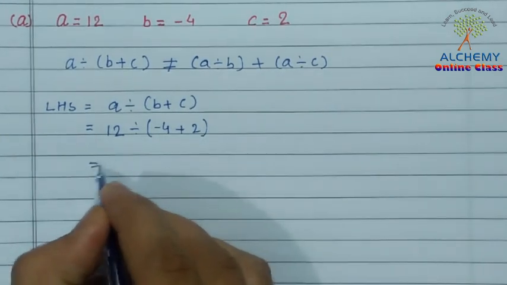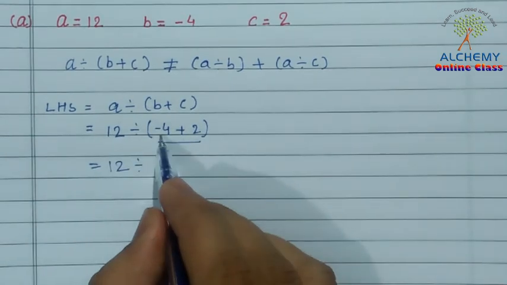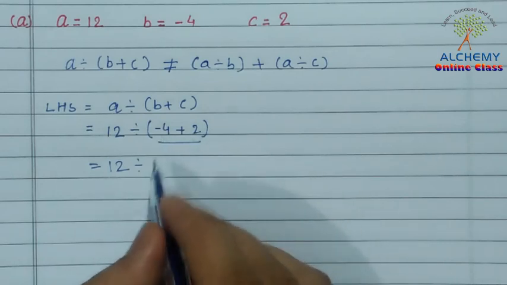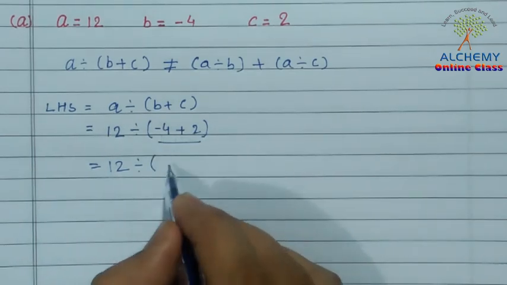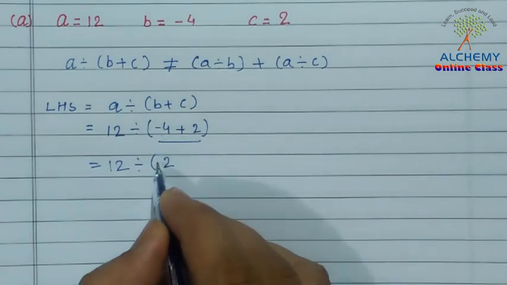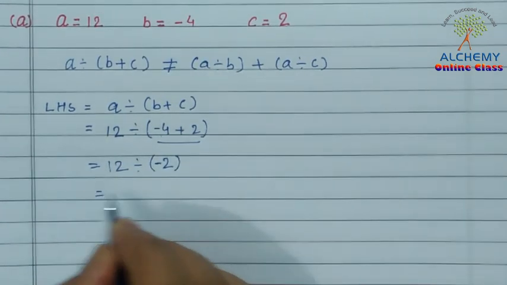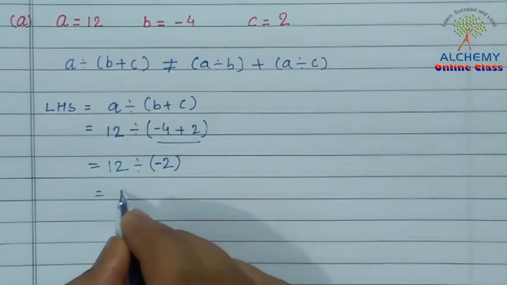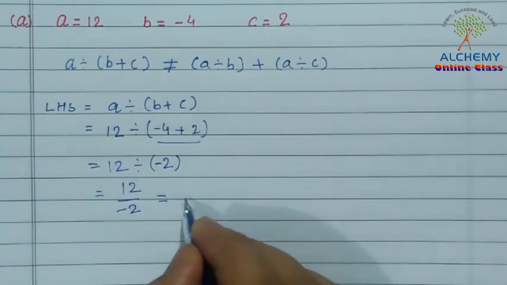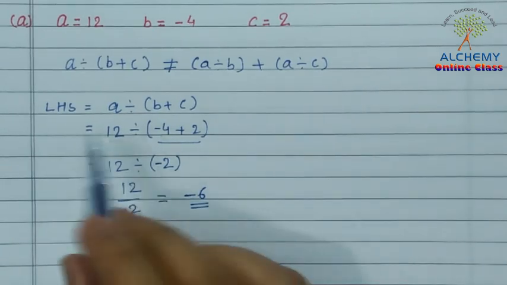When we solve the bracket first, we find -4 plus 2. Minus plus always gets subtracted, and we get the result 2, and because the negative number is greater, the minus sign will be applied here. Now when we divide 12 by -2, we get the result -6. So this is the value of the left hand side.